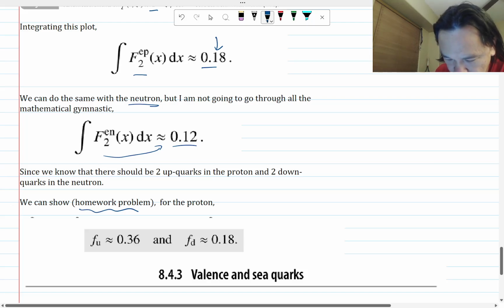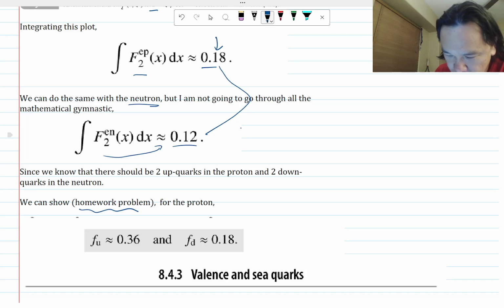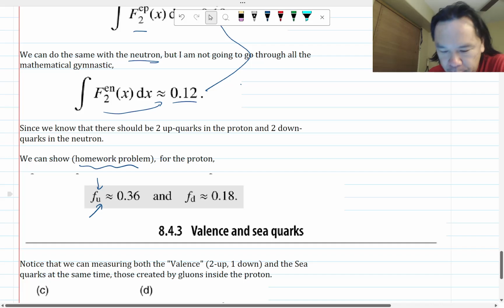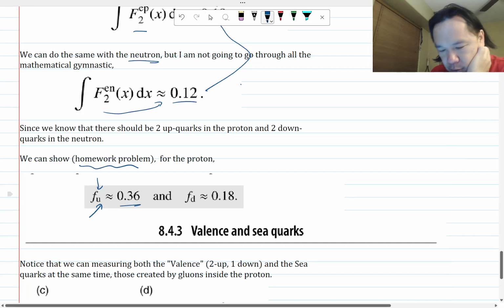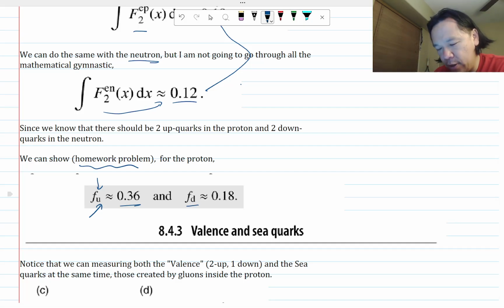What you can do is then, using these two numbers and knowing that there are two up quarks in the proton and two down quarks in the neutron, calculate what fraction of the momentum is being carried by the up quark during this collision, which is actually 0.36. And then the fraction for the down quark is 0.18.